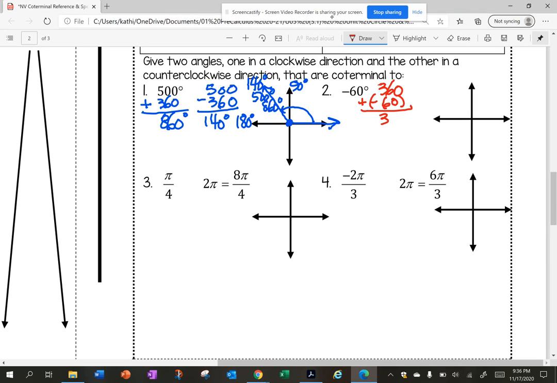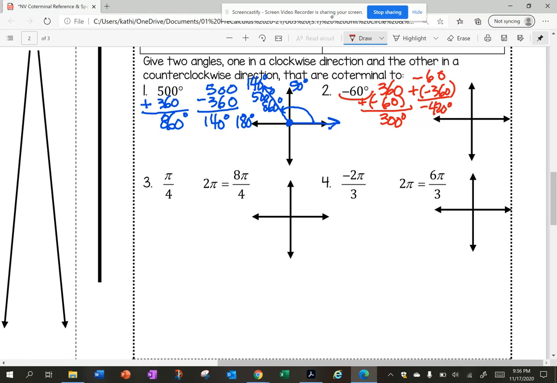So that turns out to be 300 degrees. And negative 60 plus negative 360 is negative 420 degrees.